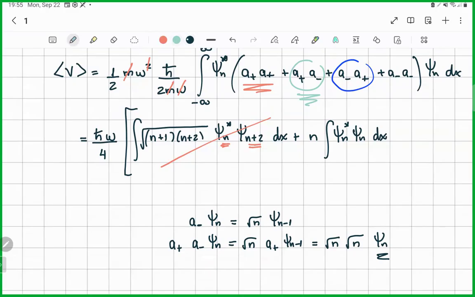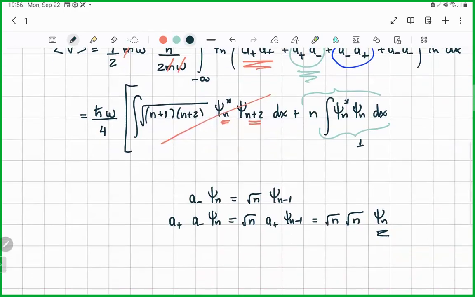This is good because by normalization we know that this integral is 1. So this term survives. We have there n that is going to survive.